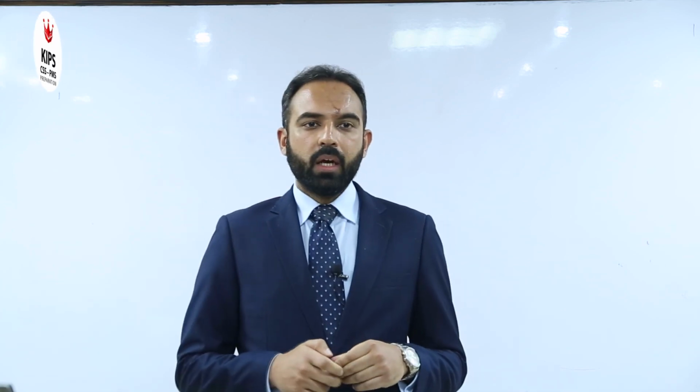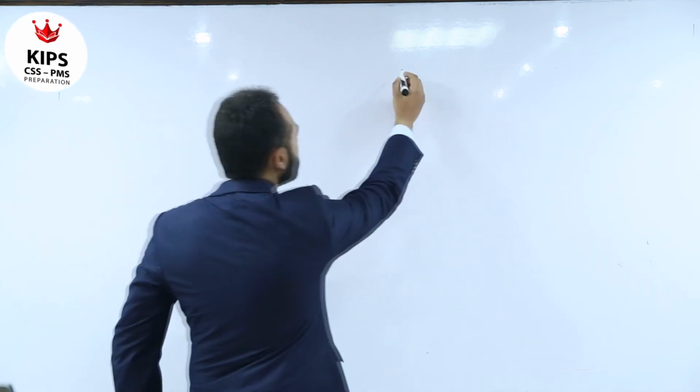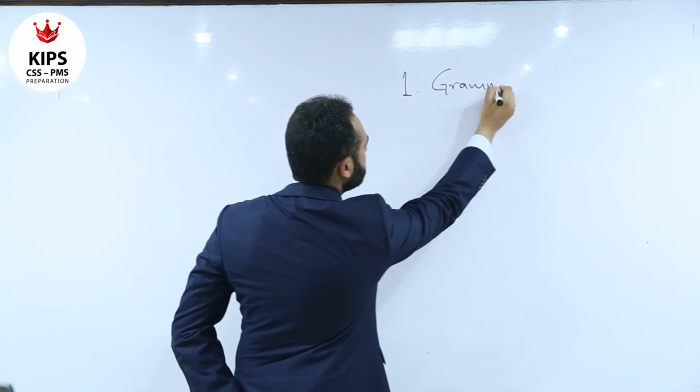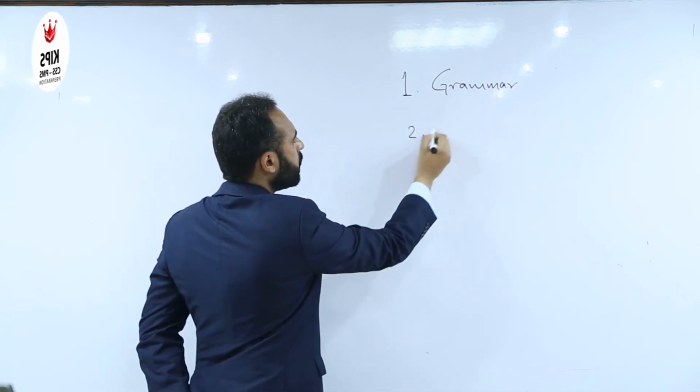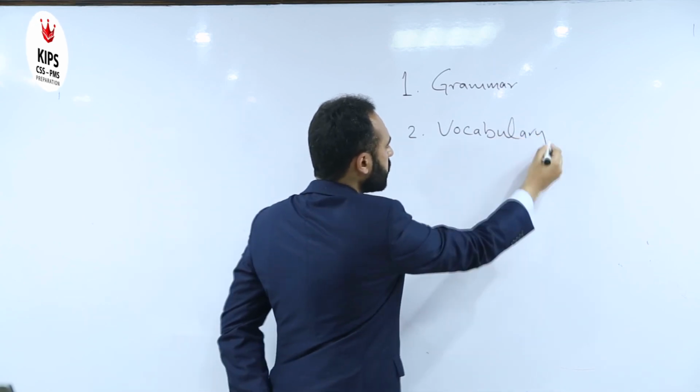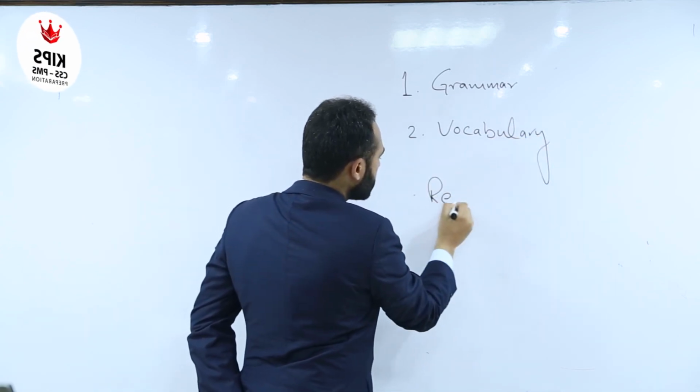Coming towards the paper of English Précis and Composition, we can say that broadly the syllabus can be divided into three categories: grammar, vocabulary, and your reading skills.